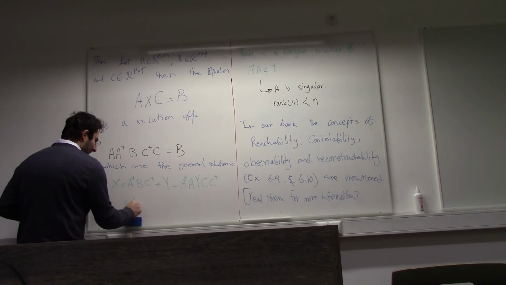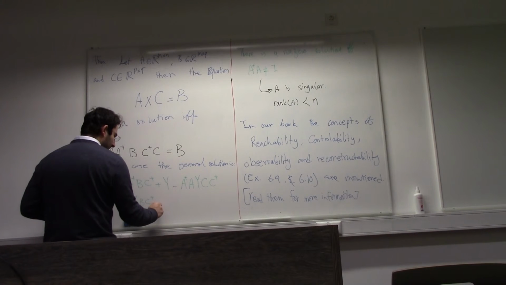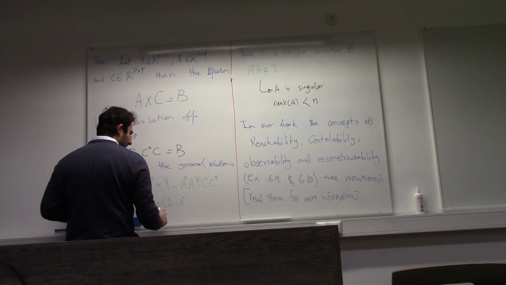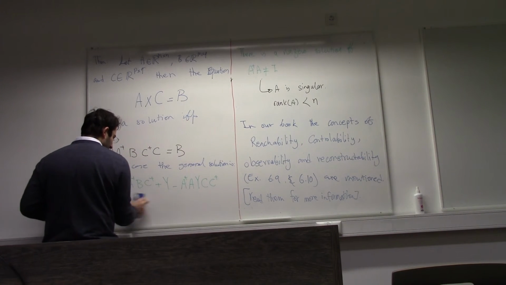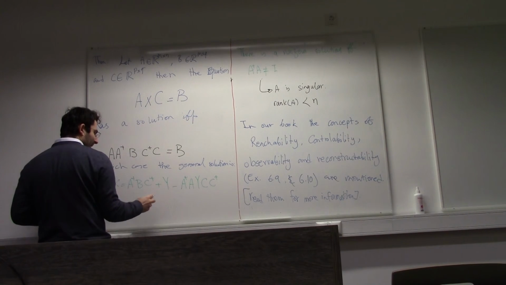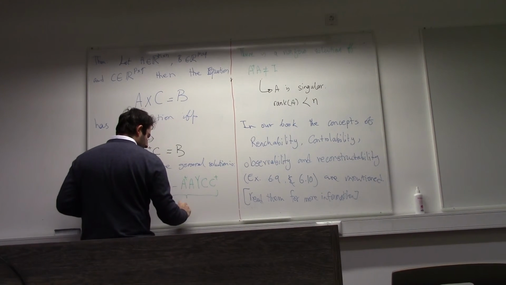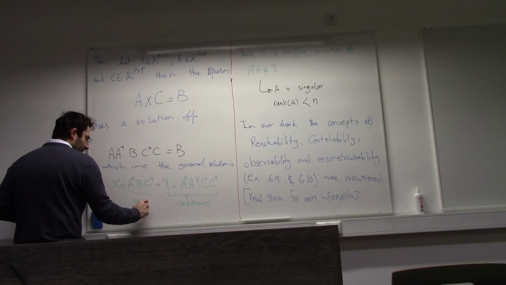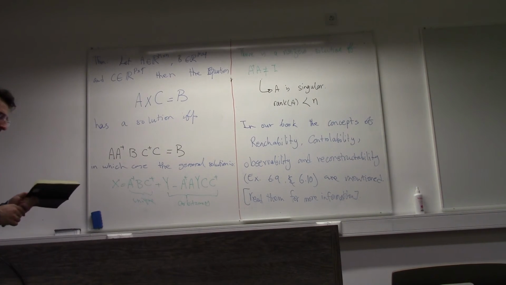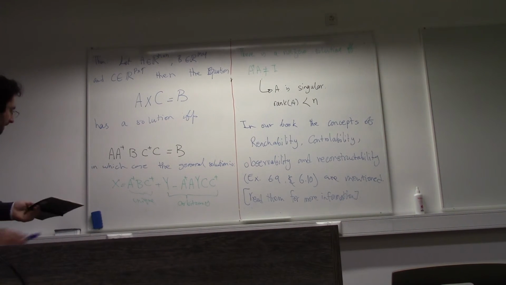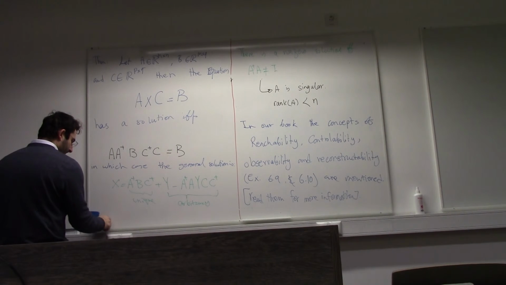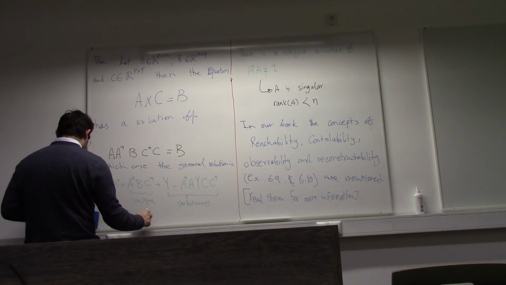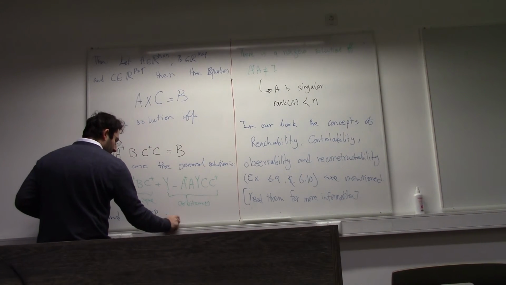We cannot factorize it in an easy form, so keep it like that. This is the unique part, and this is the arbitrary part, with Y belonging to R n by p being arbitrary.